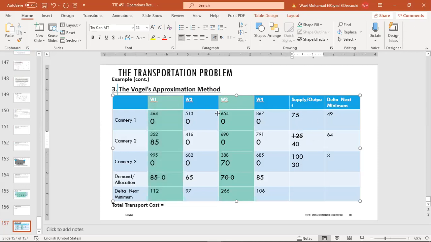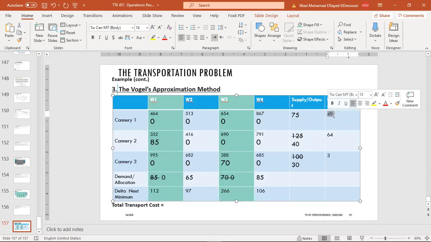So let's revise these values. This one is 513 and this one is 867. The difference is how much? 867 minus 513, 354.